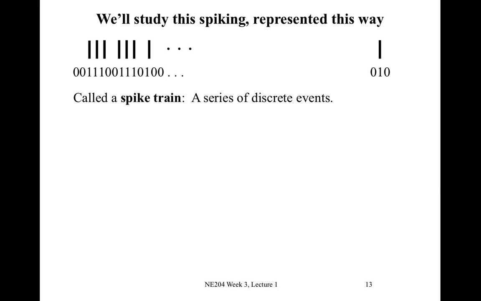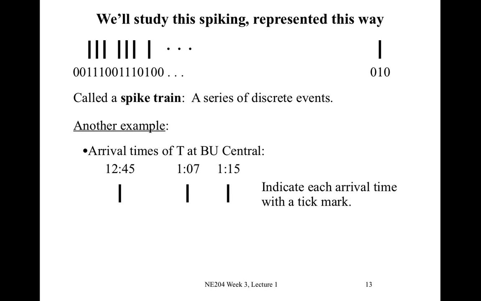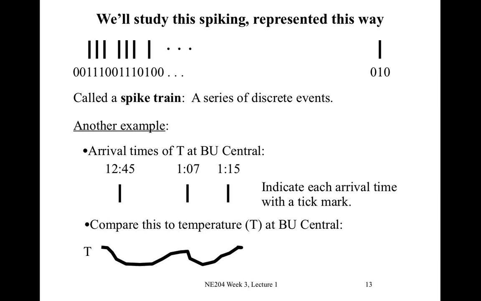So there's a distinction I'd like to make between these discrete events, the arrivals of a train at the T, versus these continuous temperature fluctuations we could observe at each moment in time. Right now, we're focused on a series of discrete events, just like we have for a spike train. They could be arrival times of the train at the T, or they could be when spikes occur, produced by an individual neuron. So that's our focus now.